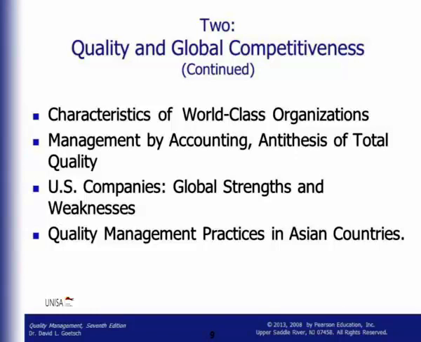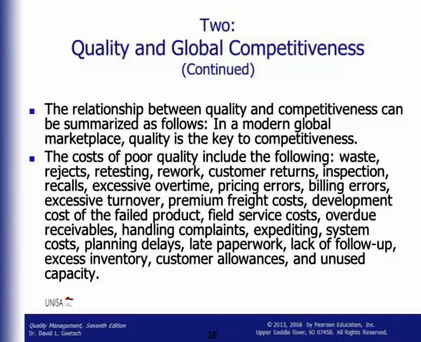So basically in this slide we are looking at quality in a global context, its pros and cons. So the relationship between quality and competitiveness can be summarized as follows. In a modern global marketplace, quality is key to competitiveness.